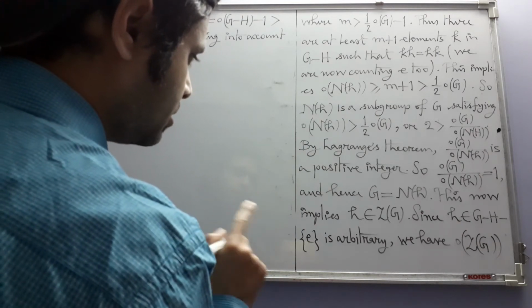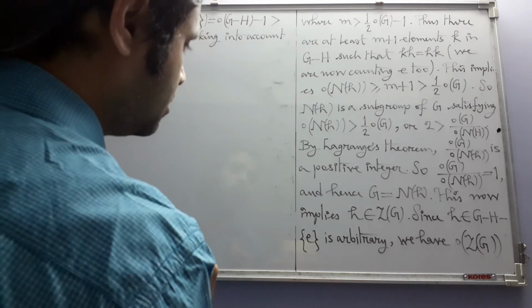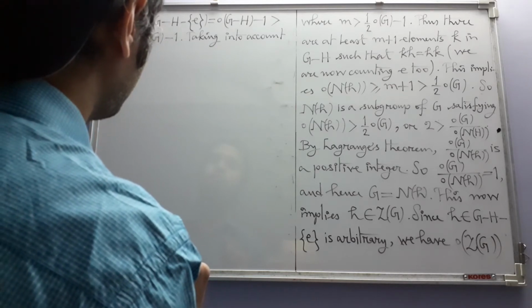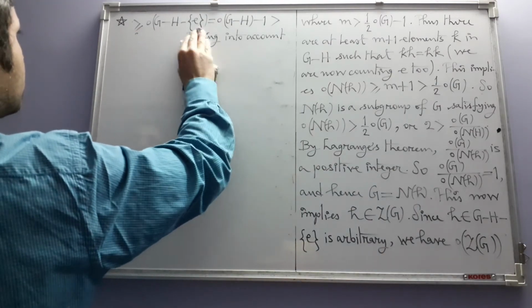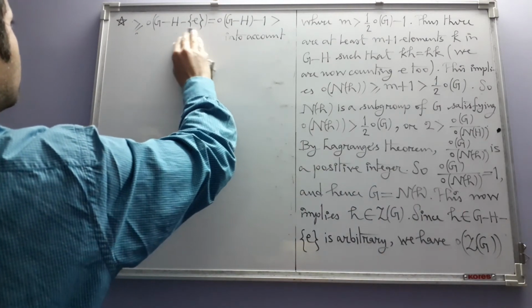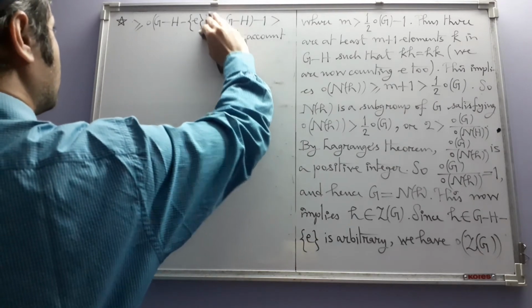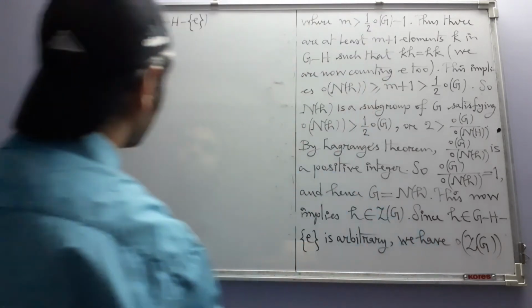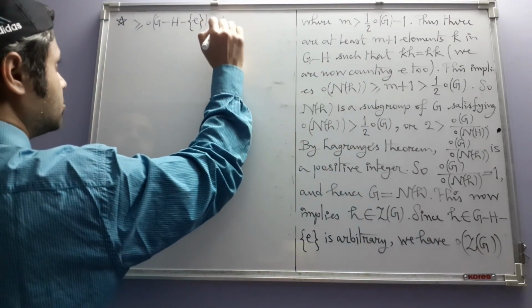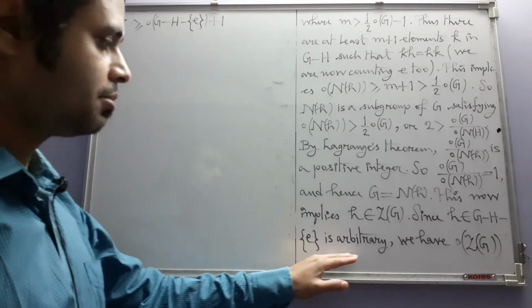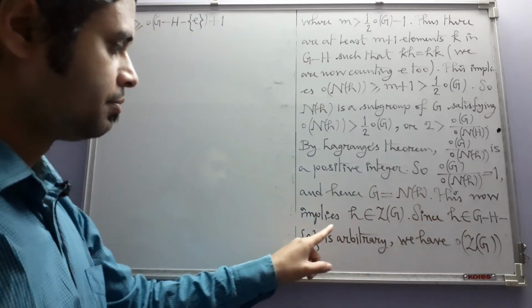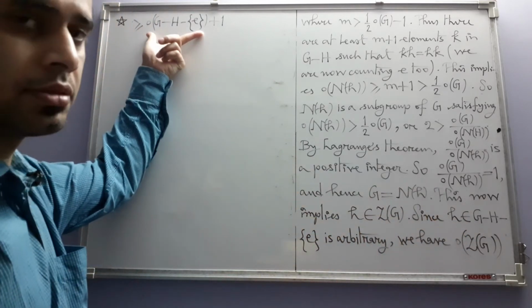Since h belonging to this is arbitrary, we have this plus 1, because the estimate that we are getting from the elements h here is this.